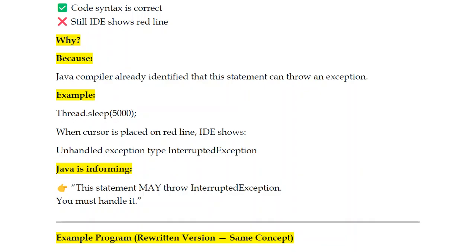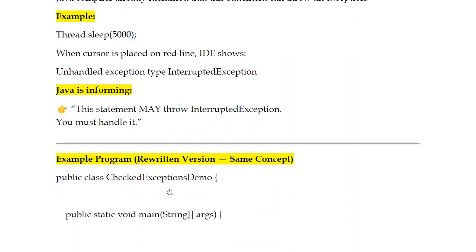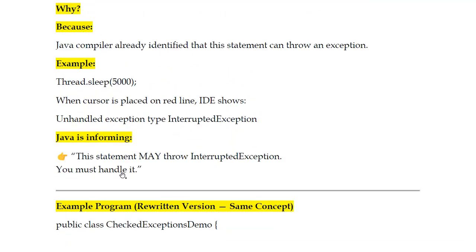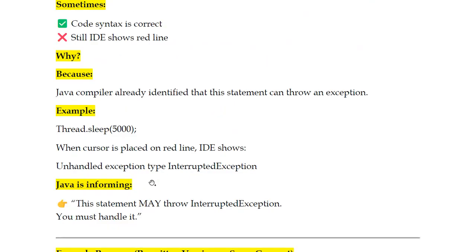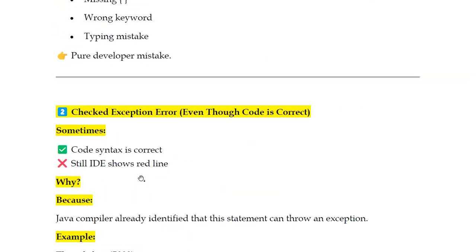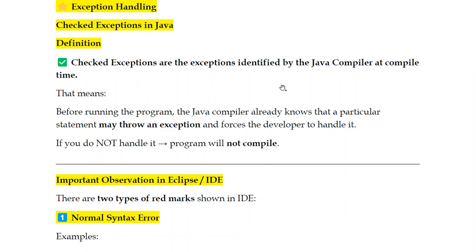Why is it showing these exceptions? All these concepts we'll discuss in the forthcoming session, because this video is already taking too much length, so I'll pause the video now. In the forthcoming session I'll tell you why we are getting this error and why I should handle it. So far, as per the agenda, we discussed what a checked exception is. These checked exceptions are identified by the Java compiler at compile time.